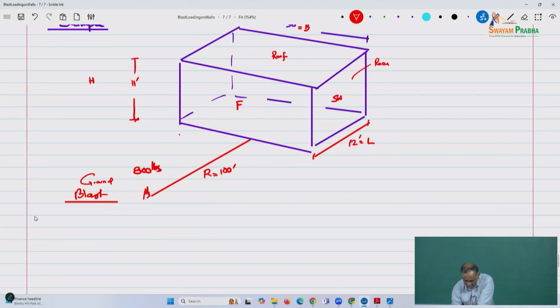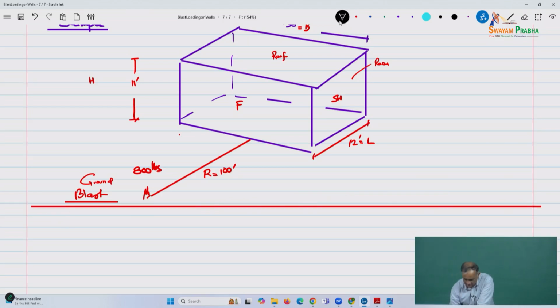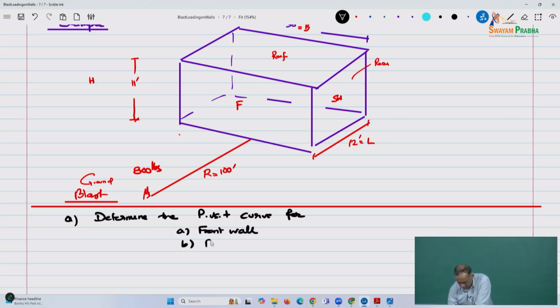The question is, determine the following: the P versus T curve for the front wall, the roof, not necessarily in that order, the side walls, basically the front part, so the side wall is this part of it, and the rear wall.